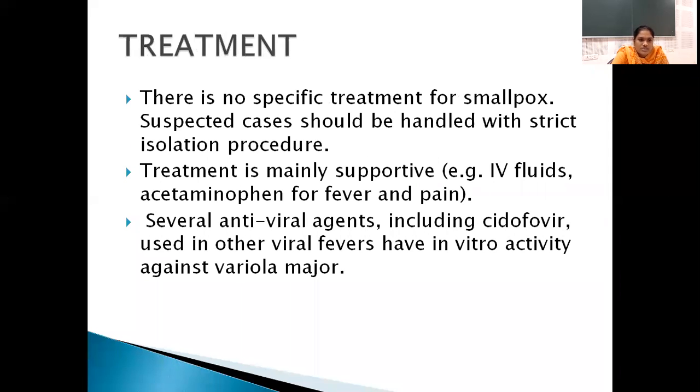The suspected cases should be handled with strict isolation procedure. Only supportive treatment with IV fluids, paracetamol for the fever, and pain relief should be given. So this is smallpox, and it was eradicated around 1972. But the vaccination is present for the prevention of smallpox.